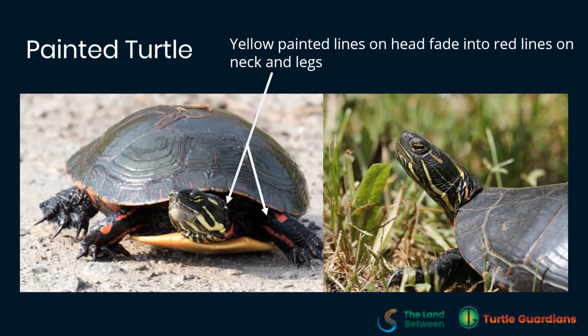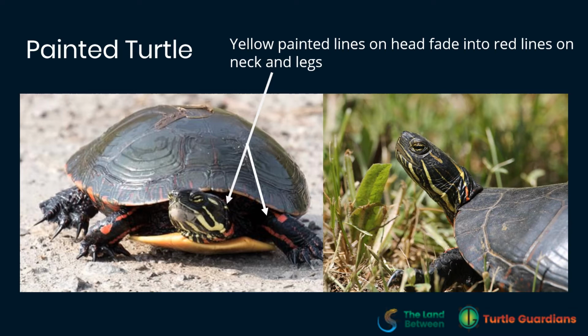So you can see along the side there in the first photo, there are little red blotches along those marginal scutes. You can also see that his shell is pretty flat, so it's not dome shaped, which means that he is a good swimmer. So that sort of flatter, streamlined shell makes him a good swimmer.